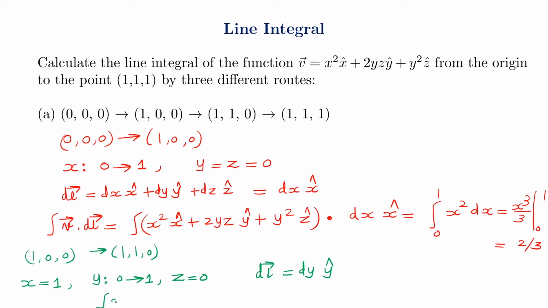Therefore, the line integral of v dot dl is equal to integral 0 to 1 of 2yz dy, which is equal to 0.